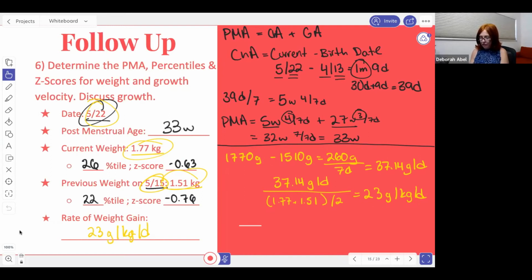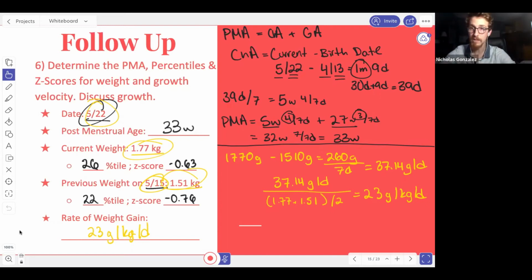So when we look at that compared to Ziegler's data of a 1,500 gram infant, it should be between 14 to 16 grams per kilogram per day. Am I right? 16 to 21.